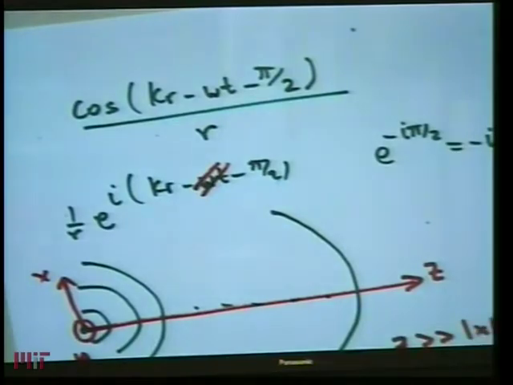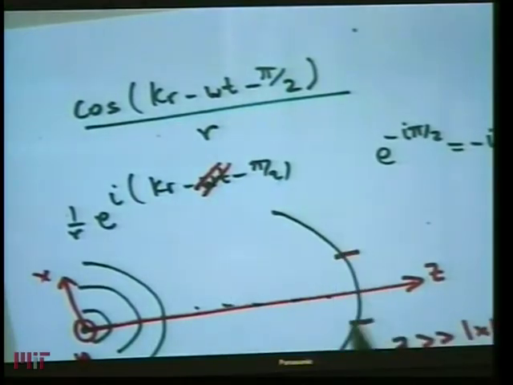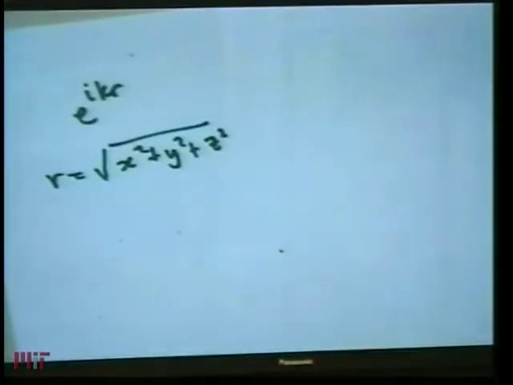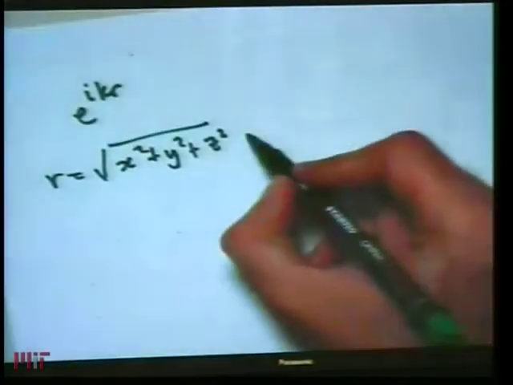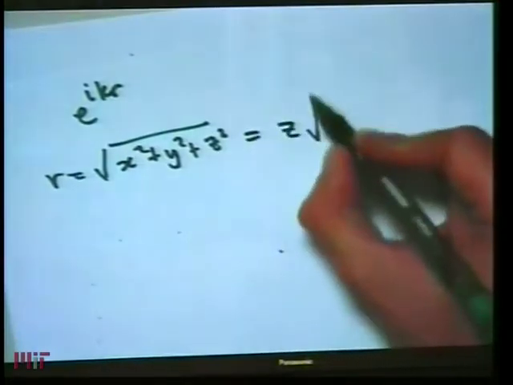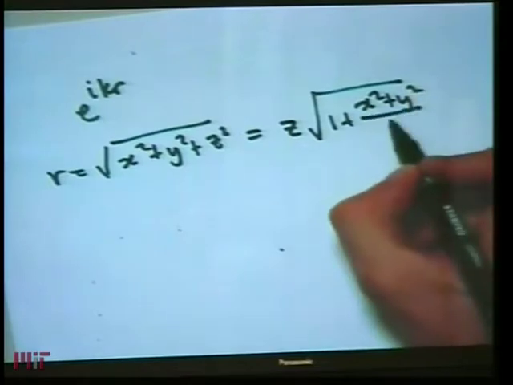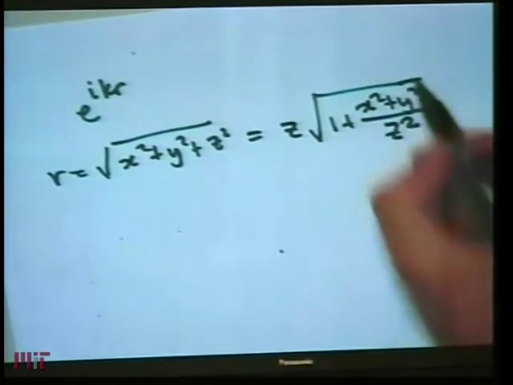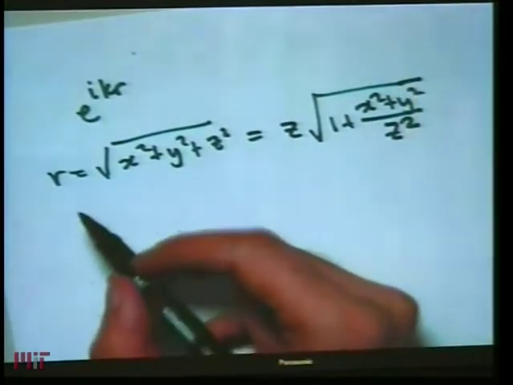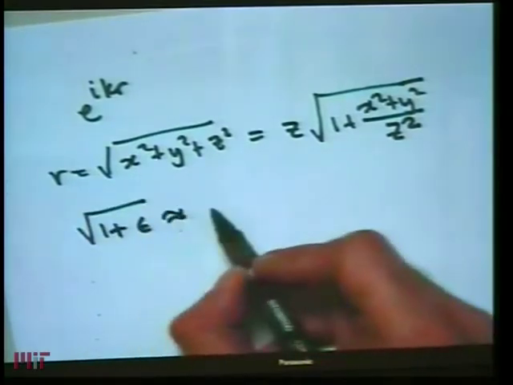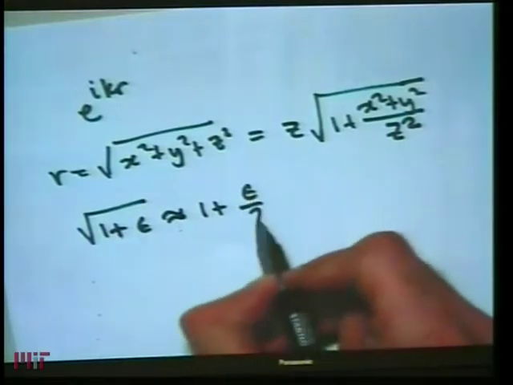All right, so the paraxial approximation then means that z is much bigger than the values of the other two coordinates, right? Because basically I'm limiting myself to operate in this regime. That's the meaning of the paraxial approximation. So what you do then is a Taylor expansion on this square root. You pull z outside. Then you use a Taylor property that says the square root of 1 plus small is approximately equal to 1 plus small over 2.